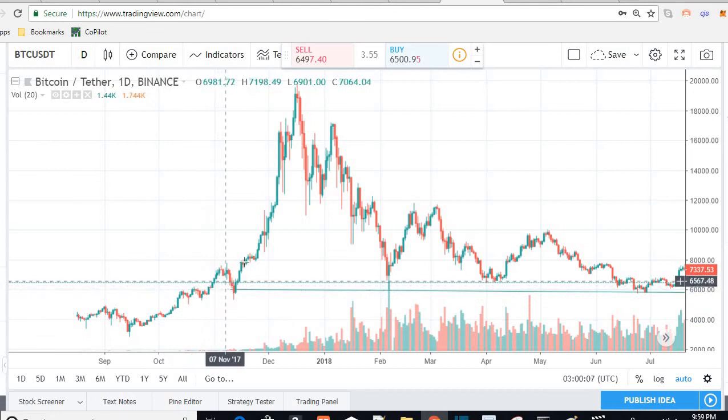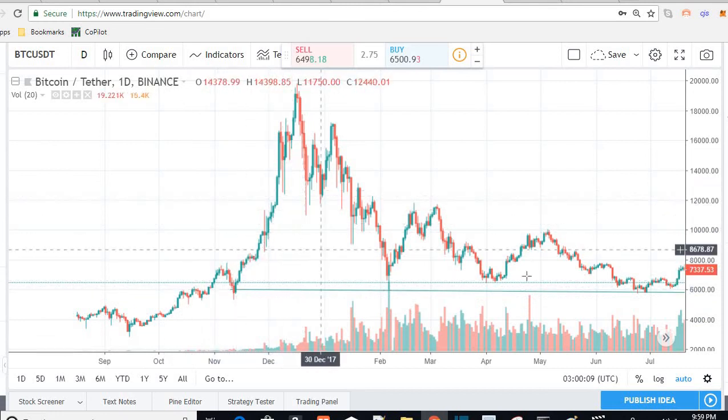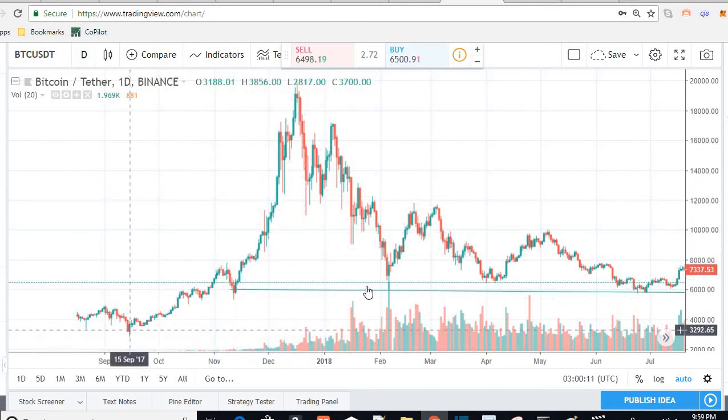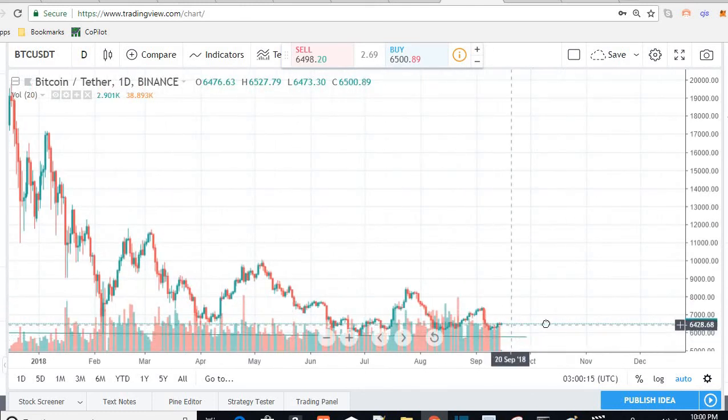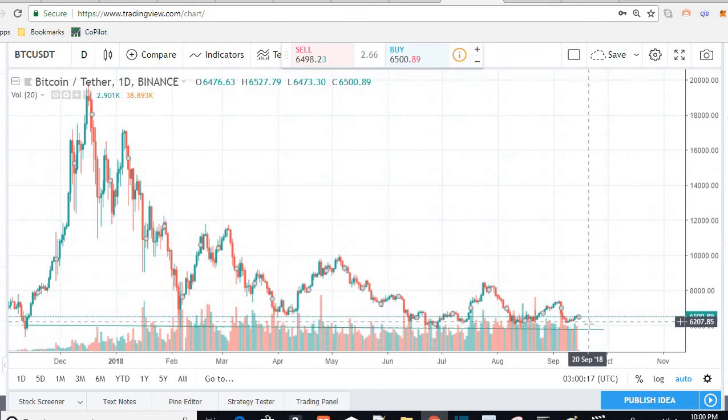And it was unstoppable once it started. Now that will be an amazing coincidence if we start another bull run in the exact same week of the same month of the same exact time as 1 year ago. That will be an amazing coincidence.